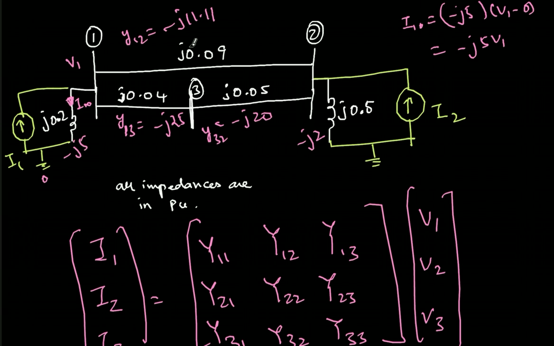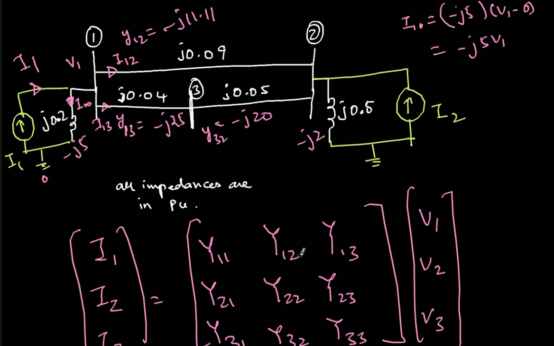If you look at the KCL at bus 1, I1 current is injected, some current is going down, then the remaining current will be I12, and then the other current will be I13. So what is I12? I12 will be V1 minus V2 multiplied by minus J11.